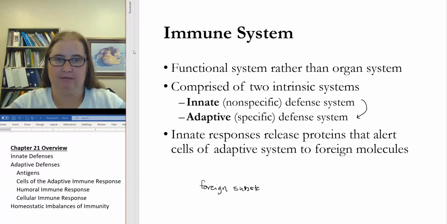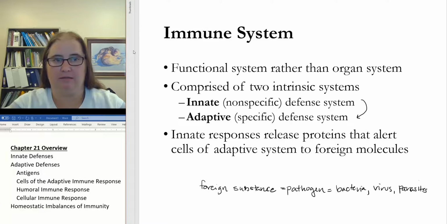foreign substance is going to be the same as a pathogen. And pathogens can be bacteria, virus, parasites, things such as dander, anything foreign.